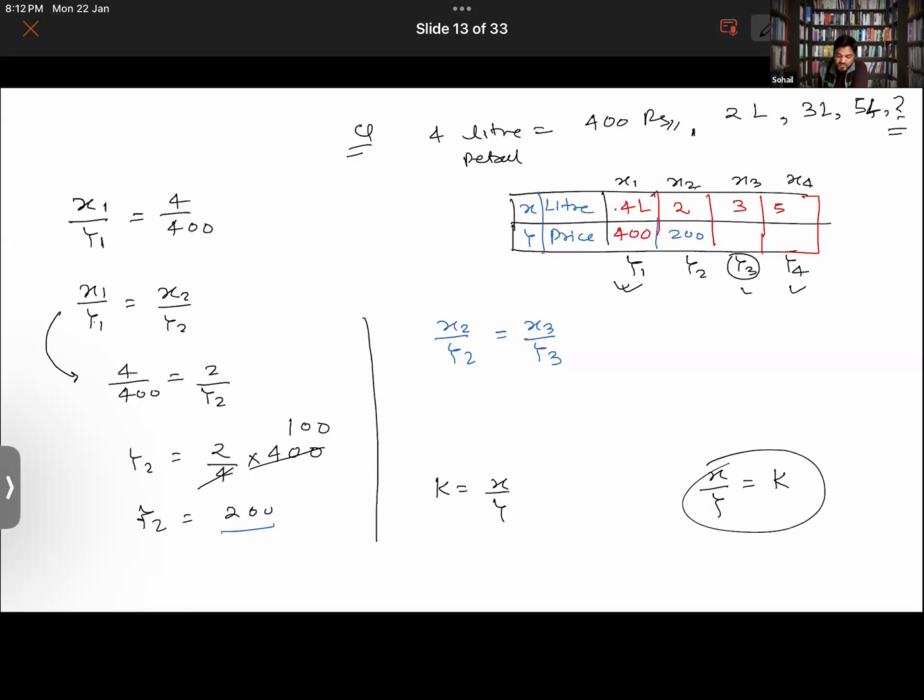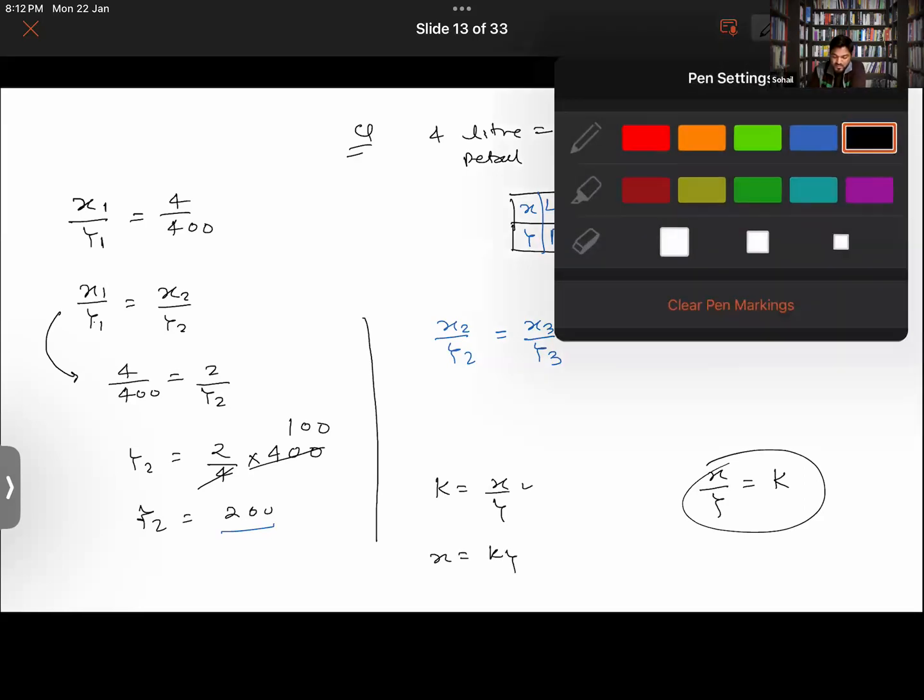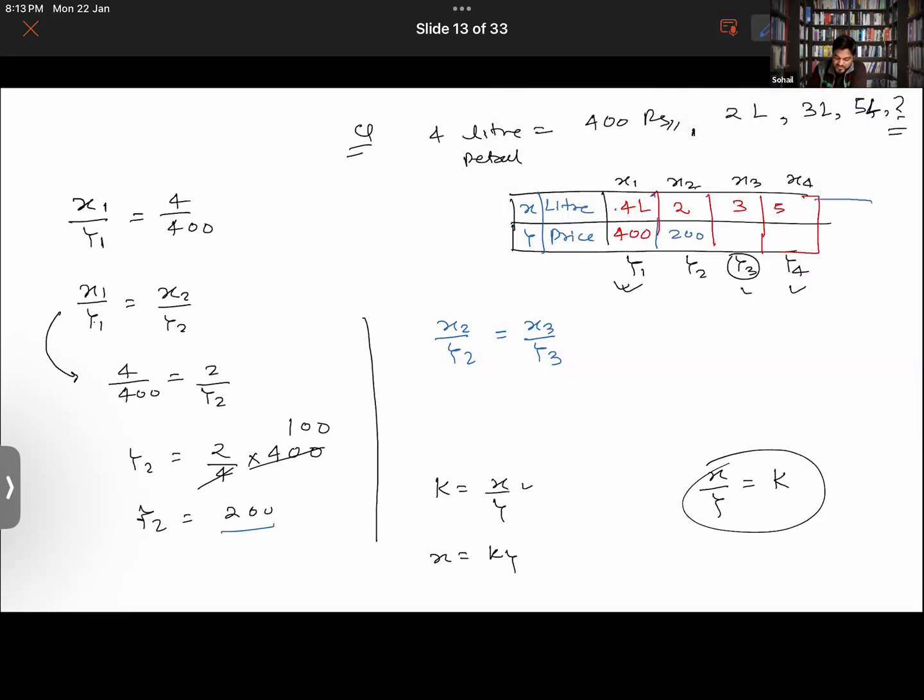So using this you can find x also. x will be k into y, right? Suppose I extend this bracket further. Now let's say I have written 800 over here. So y5 is given, we already have y5, and you need to find what x5 is going to be.